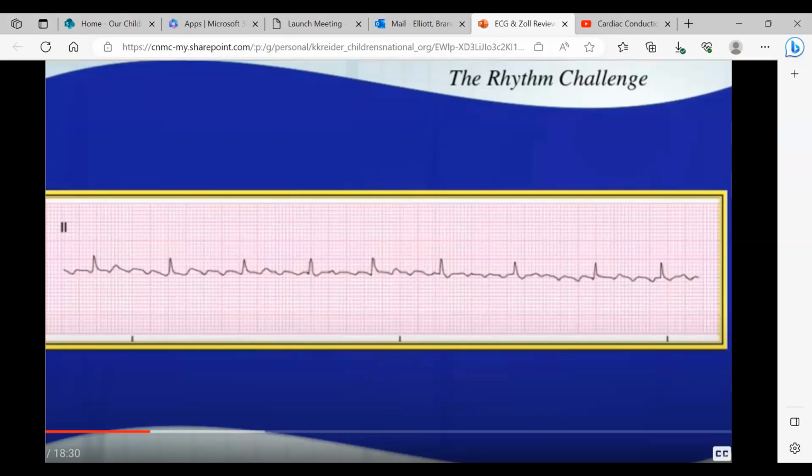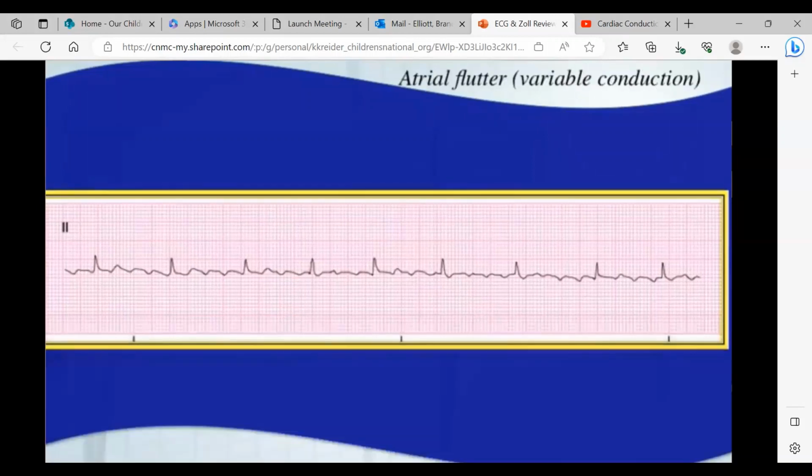Oh, yes, you get to be the next. So it looks regular. Looks like there's flutter waves between each one. It's at 300, 150. It's not fast. I would call that a flutter. All right, a flutter, Stifler wins again.